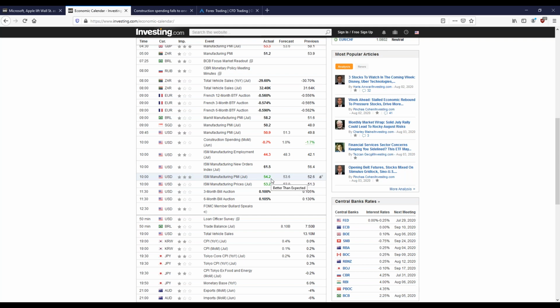Above 50 shows expansion. The expectation was 53 point something, and this is a high level announcement, 3 stars. It's even higher than the good numbers they were expecting. So we continue to get some mixed numbers in terms of economic growth. Construction spending down in the US, manufacturing PMI up more than expected.